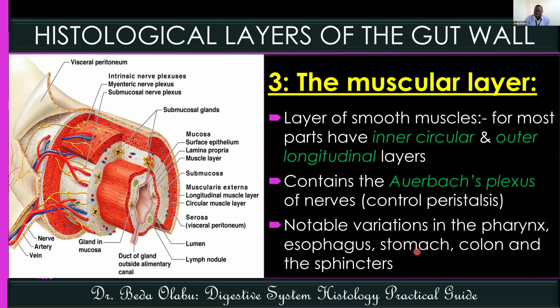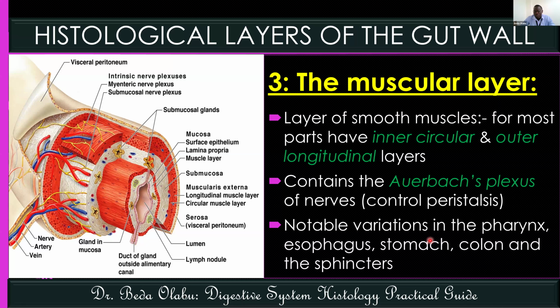For stomach, the variation is that instead of having only 2 layers of muscles, the stomach wall has 3 layers of muscles. These 3 will be named this way. We have inner oblique layer, the middle circular layer, and the outer longitudinal layer of muscles.